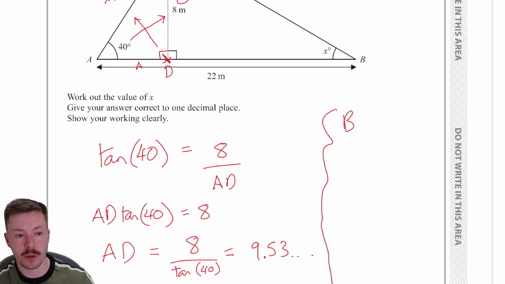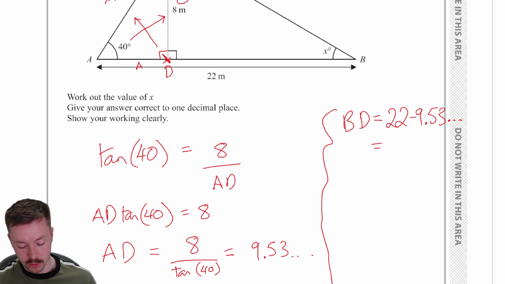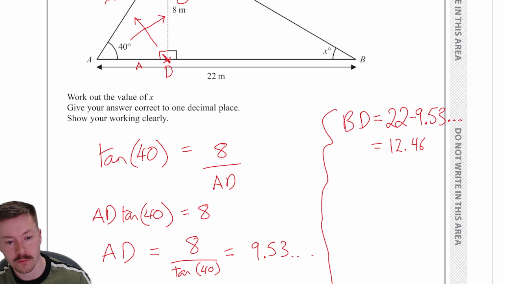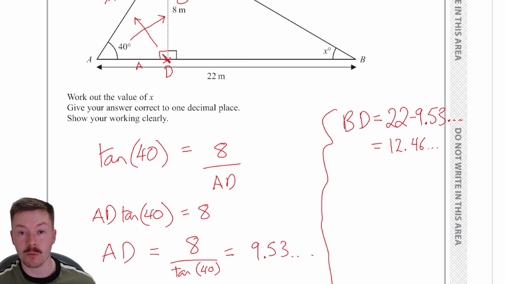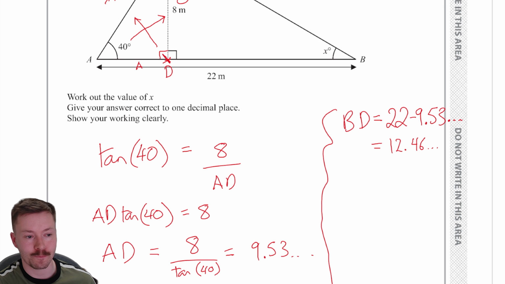So B to D is equal to 22 minus 9.53. I've kept that on my calculator, so BD is equal to 22 minus answer is what I put into the calculator. I get 12.46. I want to remember not to round this because then I'll get a rounding error, I'll get my answer slightly wrong and then I'll lose some marks because of that.